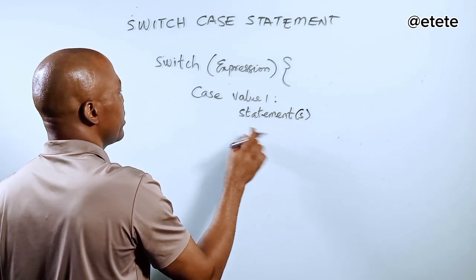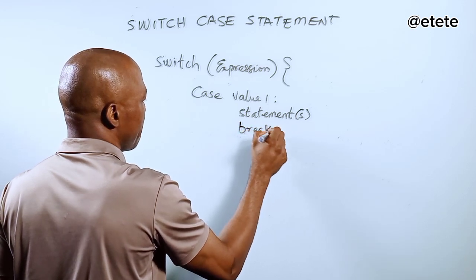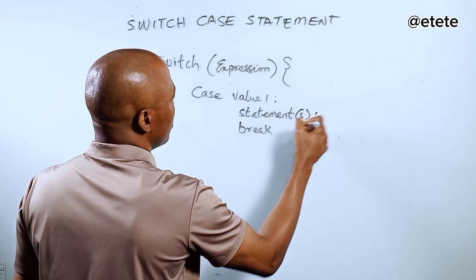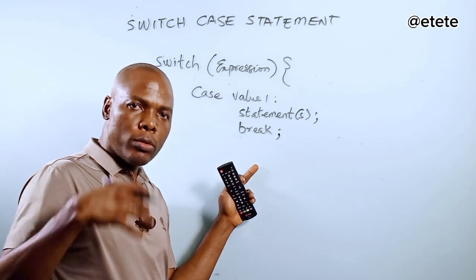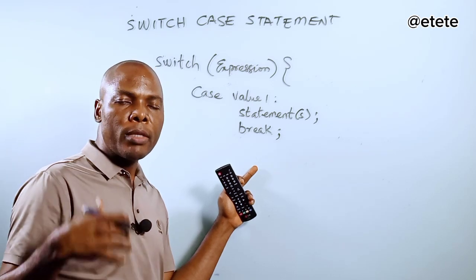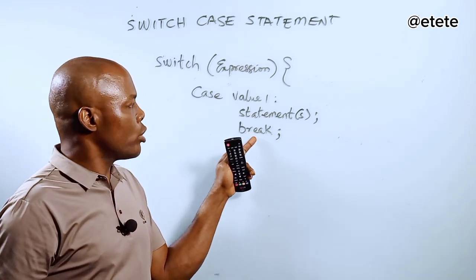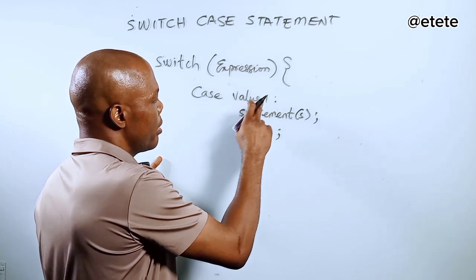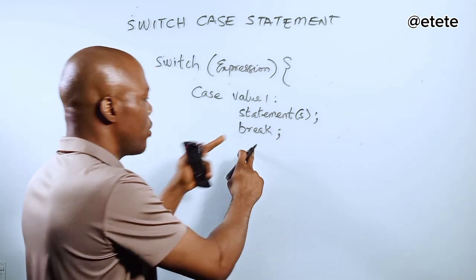You can have many. Then you have break. So in this one, you close. I told you also in the decision making, you also have break or continue. Now, I'm introducing break in this. So inside this case value, if this is true, then you carry out this statement, then you break. This break will take you out.